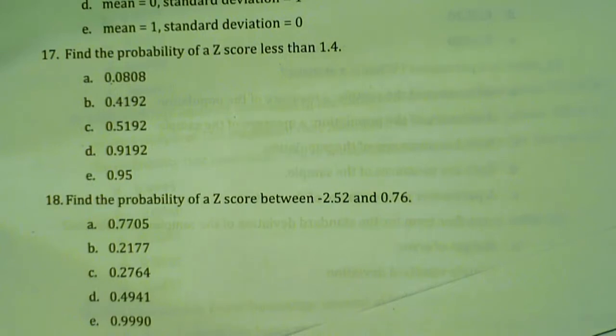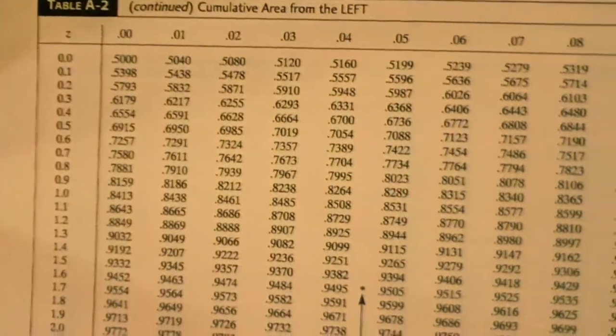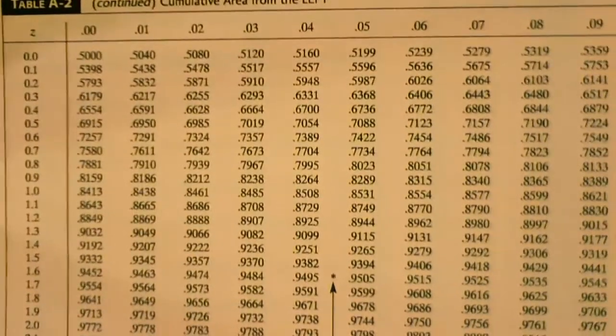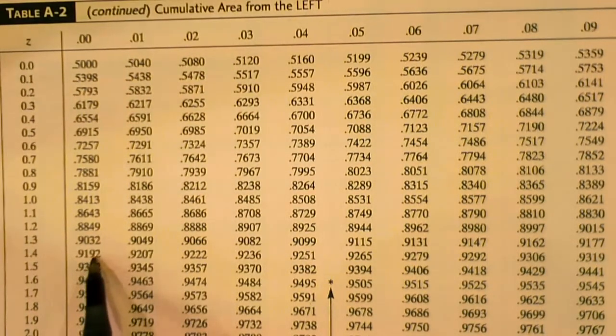Okay. So using our tables, how would we do this problem? You just locate 1.4. So if we look at our tables, we see here 1.4. So we're given this for this number.